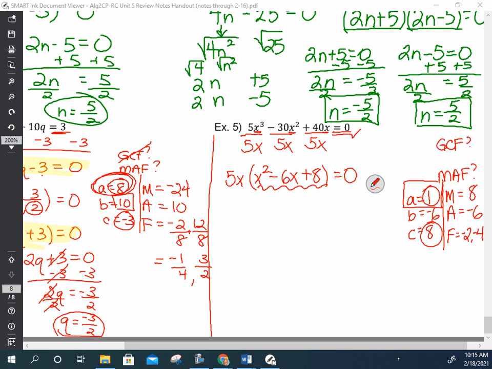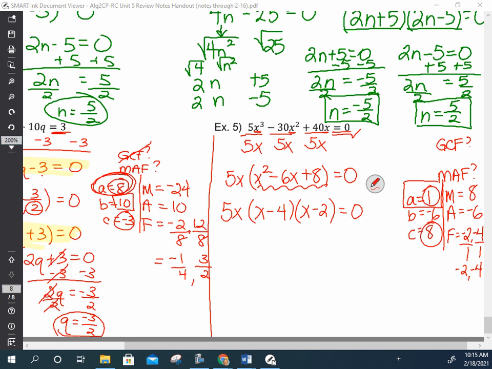Your leading coefficient was 1, so you divide by 1. That means your two parentheses are x minus 4 and x minus 2. 5x just comes down. Notice that I put the 4 first and the 2 second.